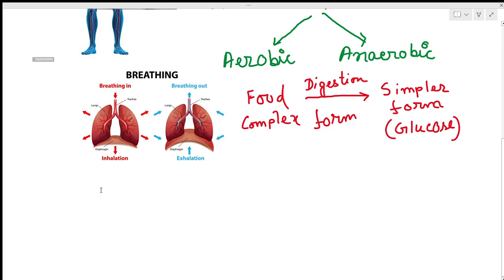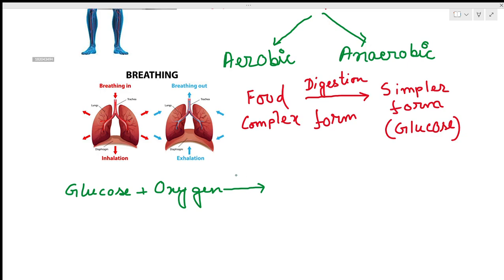The oxygen that we take in during the inhalation process now comes to work. So glucose in the presence of oxygen burns, and this is also known as oxidation.